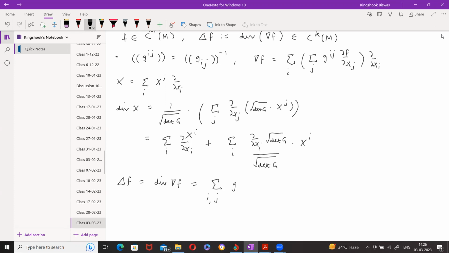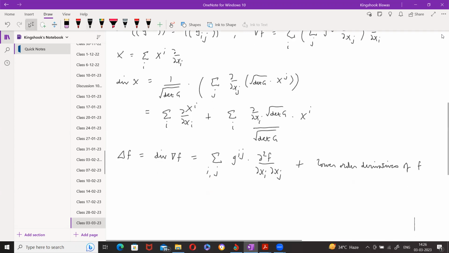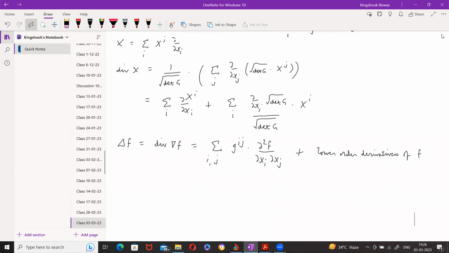So that will give me Gij into del squared f over del xi del xj, right? And then I'll have lower order terms. That means lower derivatives of f. So first and 0th order derivatives of f. Okay. Is that clear? Yes, sir. Okay.